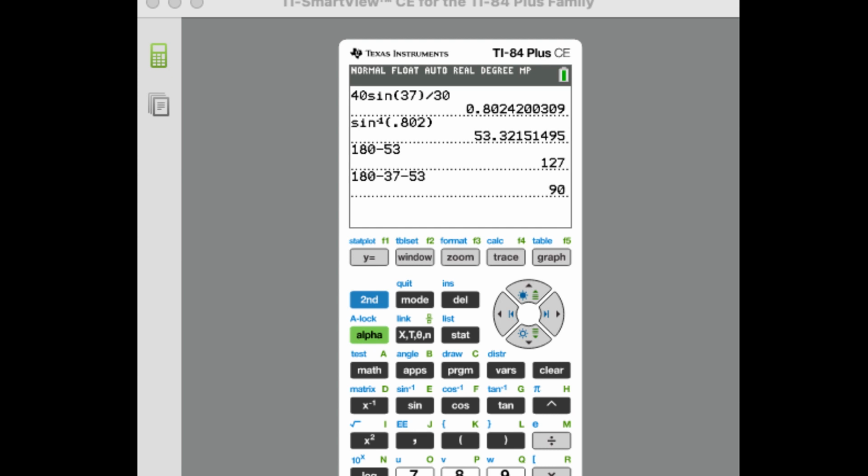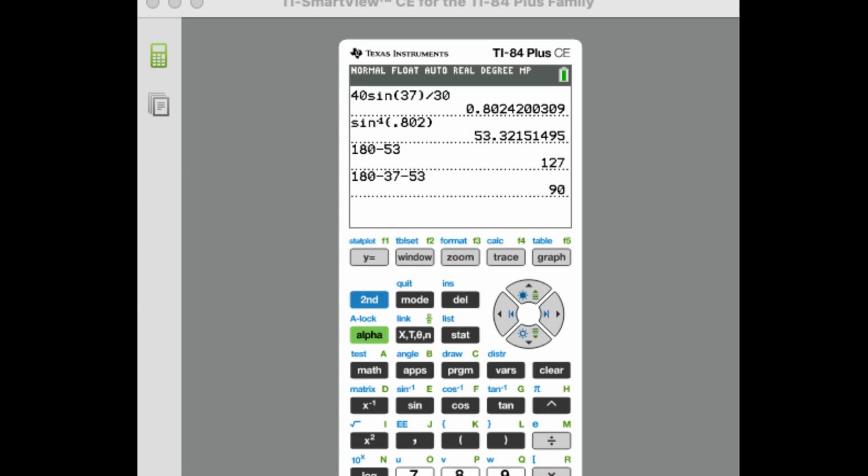So if I said to you, what is sine of 37 degrees? What's the definition? Opposite over what? Hypotenuse. Okay, so then if I create that ratio and cross multiply, what do we get?